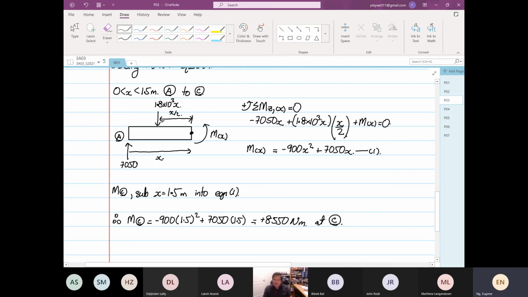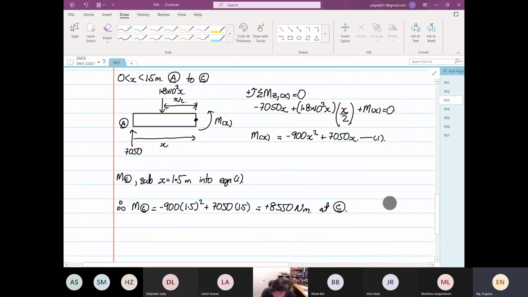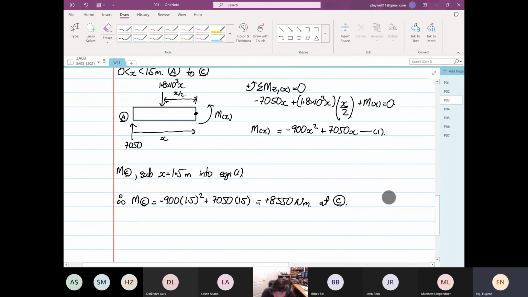I know the question asked only for point C, but we want to do something further. I want to find the moment at point E. So the next thing we're going to do is consider x from 1.5 to 2.25.